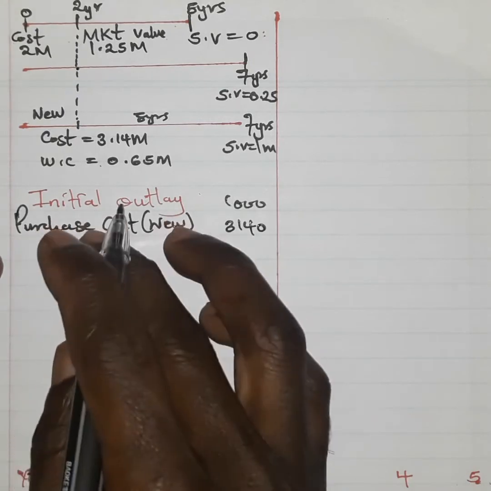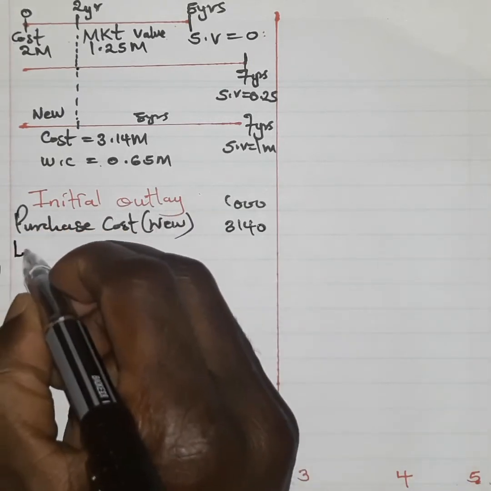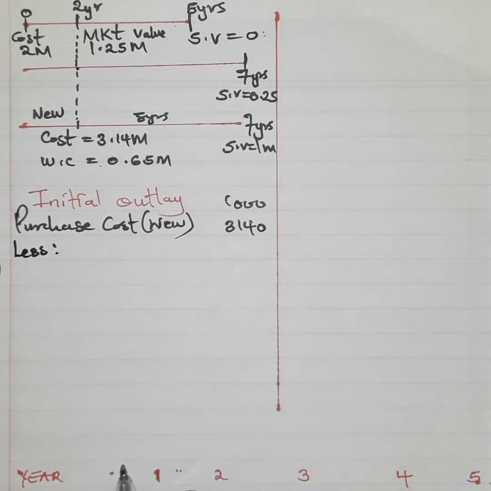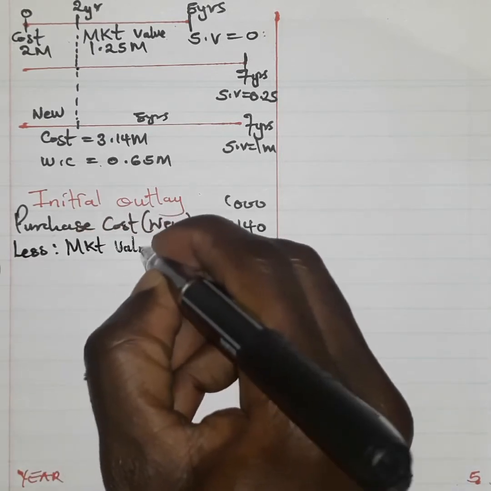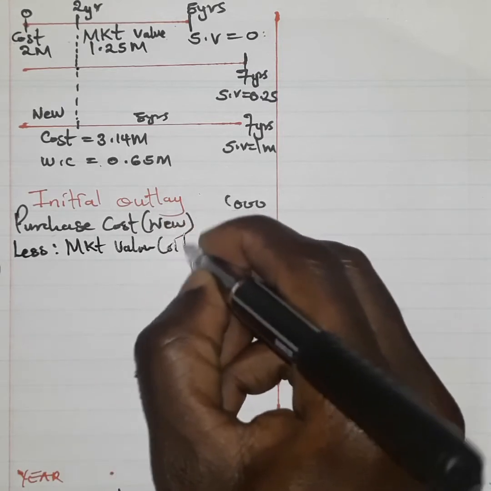Then from this value, we are supposed to less the market value of the old machine.